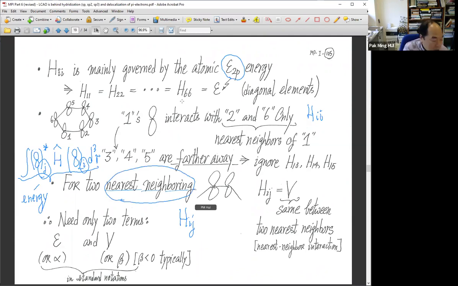What do I mean by that? If I is 1, then the most important terms will be H12 and H16. Okay, do you understand the sense? Because at least spatially, 1 and 2 are nearest neighbors. They are nearest to each other.